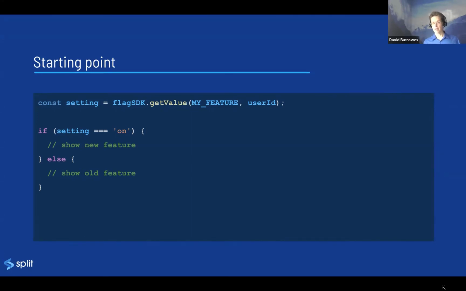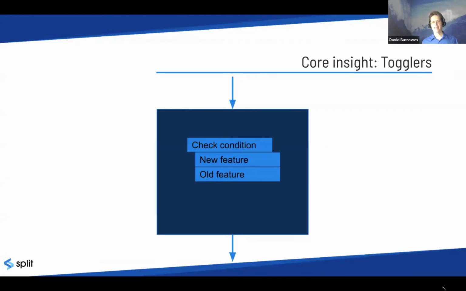Another way to think about that is an image like this. You come into some function, you do something, you check whether to show the feature flag, you check the feature flag, decide to show the new feature or the old feature, and then do something else. We took this idea and said, okay, what if we pull the whole check entirely out of the function?